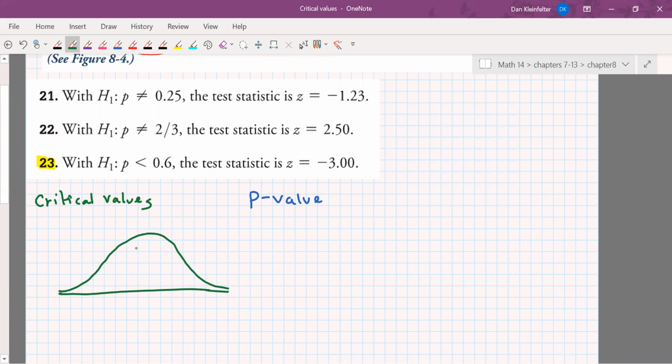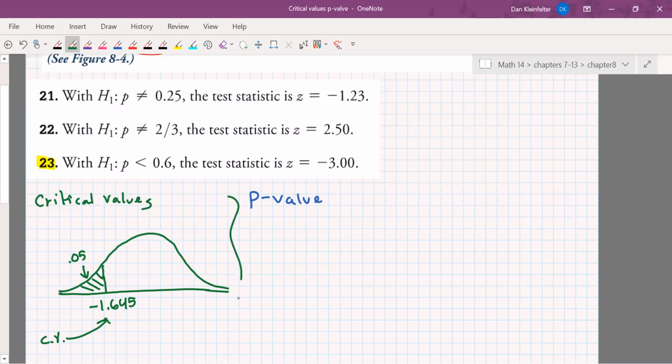Okay, so this time it's less than, so it's going to be a left tail test. We'll have an area of 0.05 in the left tail. And so if it's 0.05 in the left tail, then that's going to be -1.645. Okay, and that'll be our critical value.